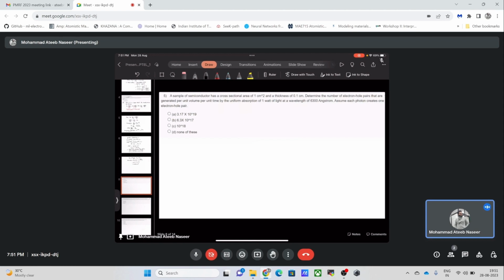So now we have another problem related to this semiconductor bar, where this semiconductor sample has a cross sectional area of 1 centimeter square and thickness equal to 0.1 centimeter, and we have been told to determine the number of electron hole pairs.